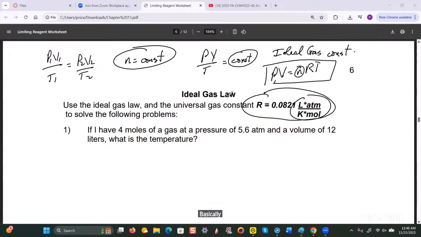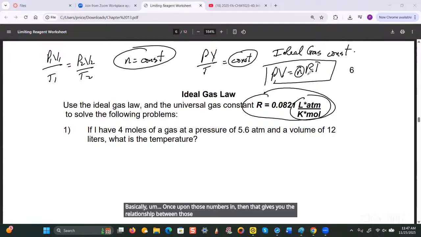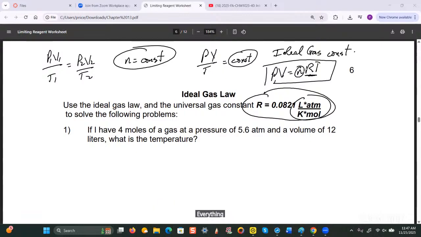Basically, once you plug those numbers in, then that gives you the relationship between those terms, where this is constant. That doesn't change. Everything else can change. The pressure can change, the volume can change, the temperature can change, the number of moles can change, but the R value remains constant. Very important that you recognize that, right?